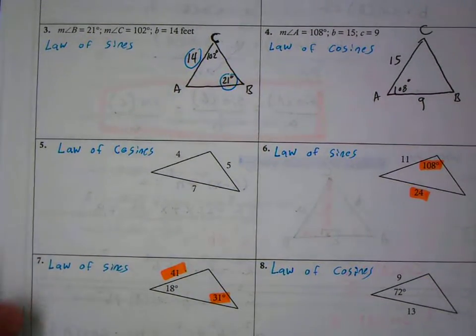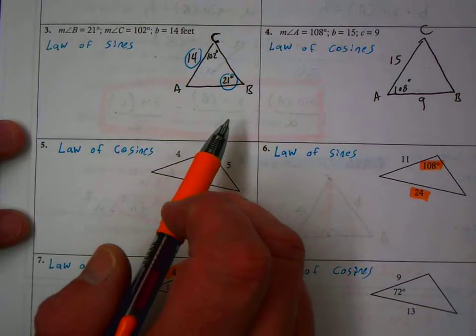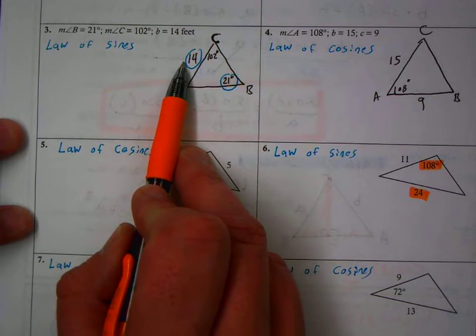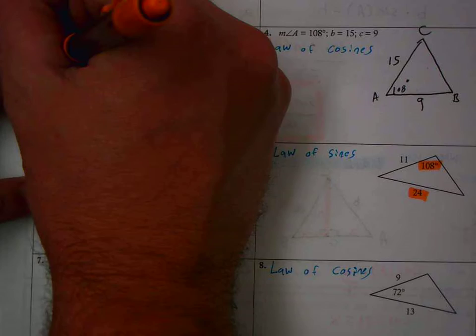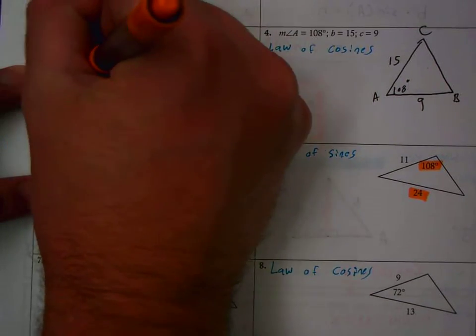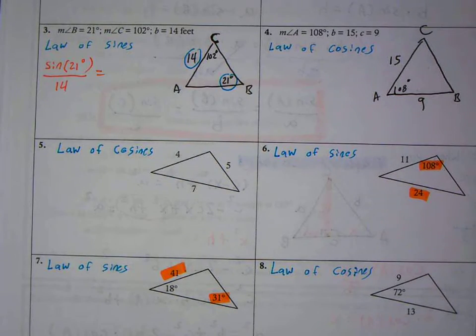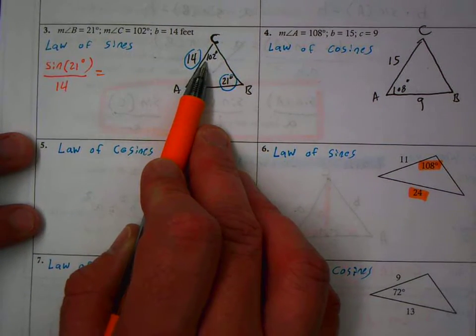So let's go to the next law of sines. I would start with what I know. 21 degrees across from 14. So I would say sine of 21 over 14 equals what? Sine of C, which is 102, right?